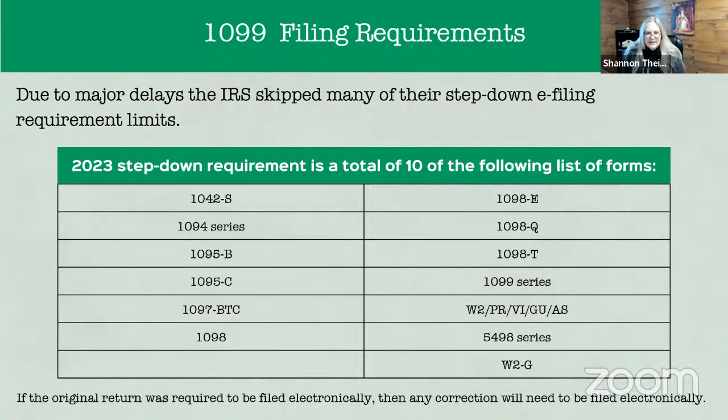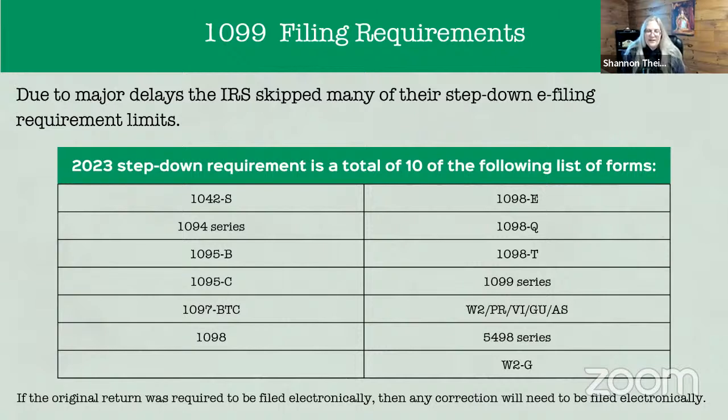So in 2024, for the 2023 tax year, it is a total of 10 of the following forms, and they're aggregated together. So it's a total of 10 forms from the chart that I have on here, which includes 1095Bs, 1095Cs, the 1099 series forms and W-2s.